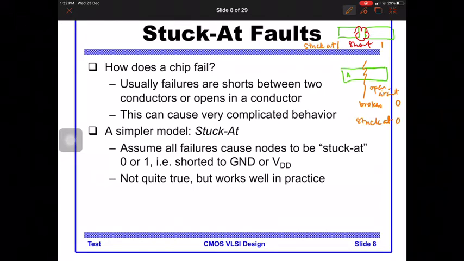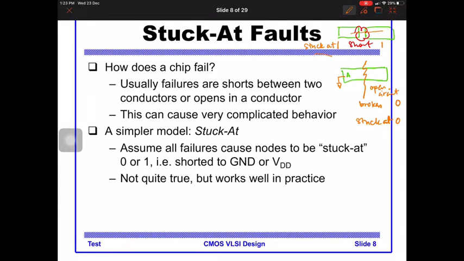So because of the manufacturing defect, this line is now open, so A is now stuck at 0. And this one, because it is shorted, so this line is always high, so this is why it's known as stuck at 1. So this is a simple model, which is to simplify the complexity of testing.